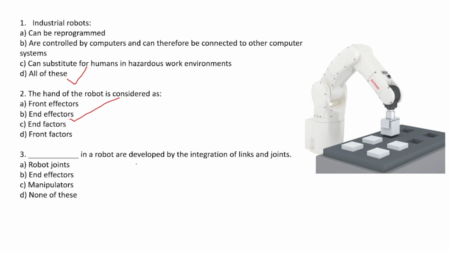Manipulators in a robot are developed by integration of links and joints. In the body and arm itself, it is applied for moving the tools in the work volume. It is also used in the wrist to adjust the tools itself. So a manipulator consists of joints and links.